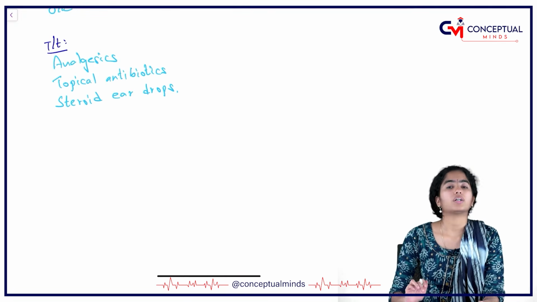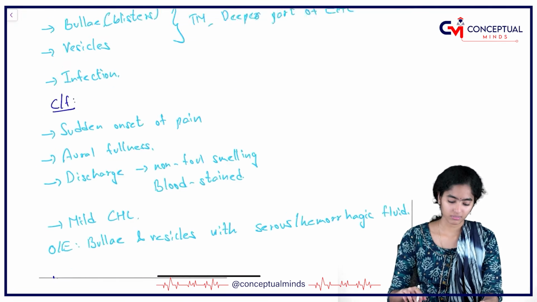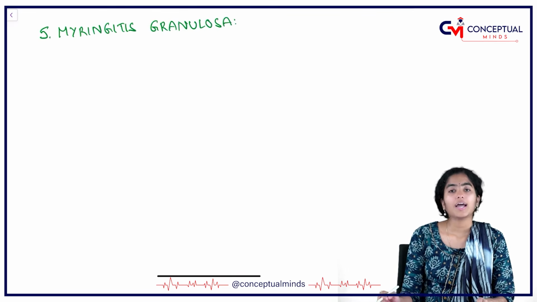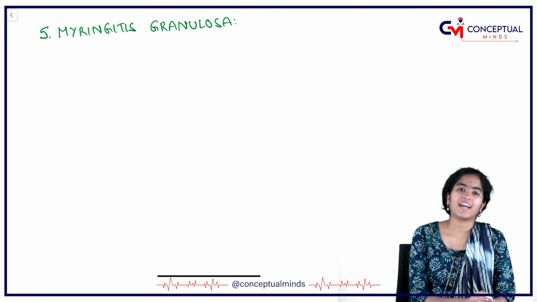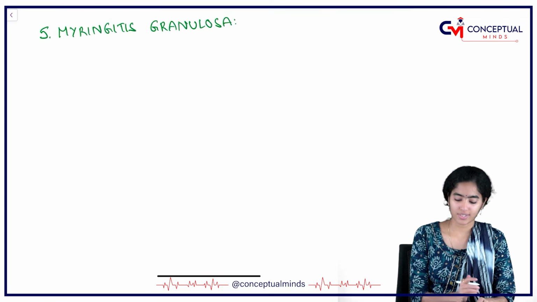Let us now move on to the next disorder of tympanic membrane, and that is Myringitis granulosa, an idiopathic condition. What we find in Myringitis granulosa is non-specific patchy granulations.